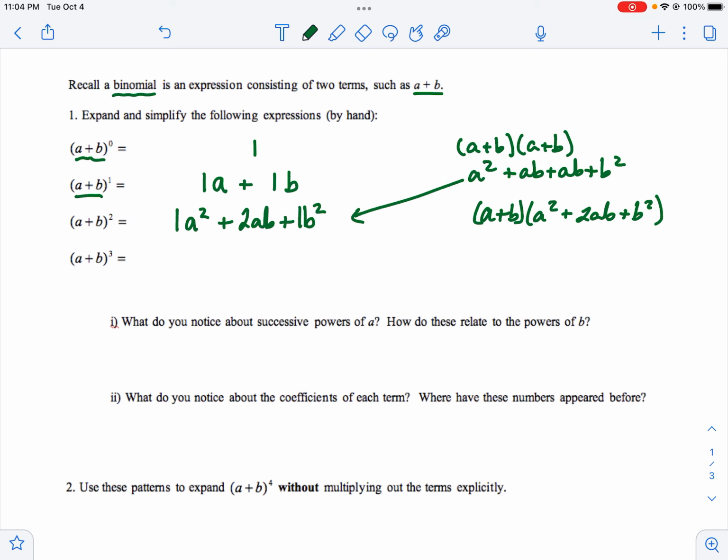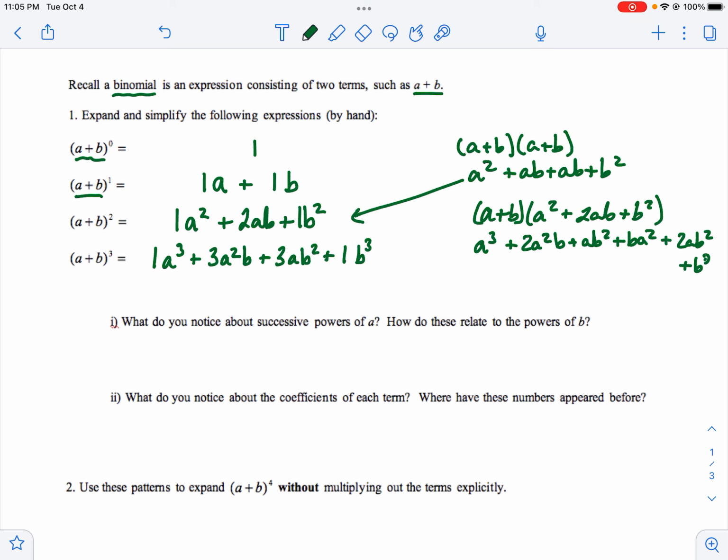So if I distribute the a through, I would have a cubed plus 2a squared b plus ab squared, plus ba squared plus b times 2ab would be 2ab squared plus b cubed. And when I combine my like terms there, I would have 1a cubed, and then I have 3a squared b's, and I have 3ab squareds, and I have 1b cubed.